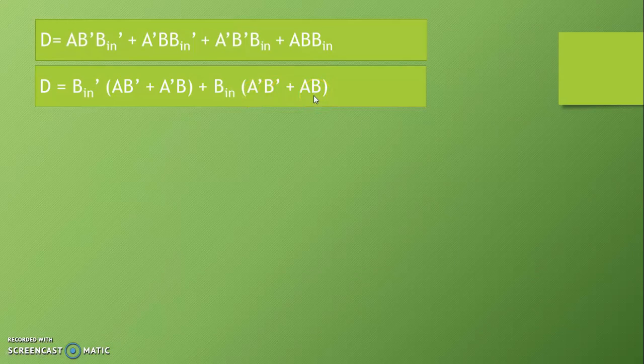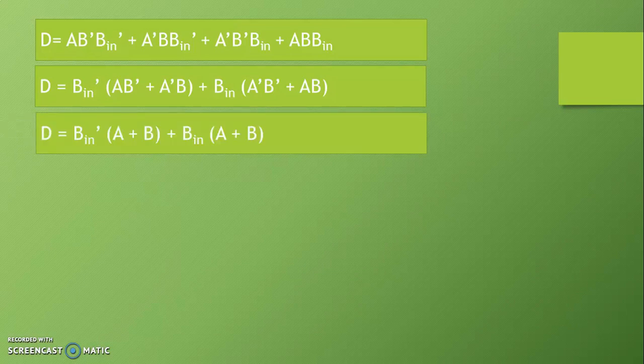Now we can identify that A B bar plus A bar B is nothing but a Boolean expression for the exclusive OR gate, and A bar B bar plus A B is nothing but a Boolean expression for the exclusive NOR gate.